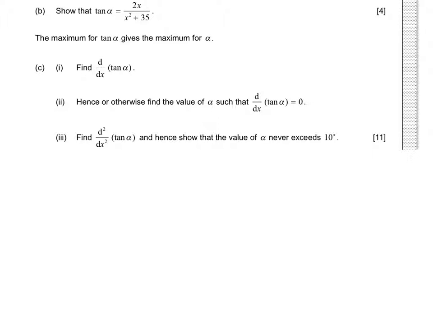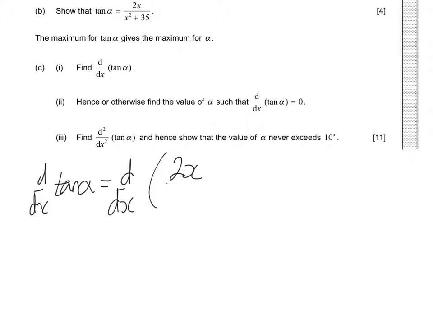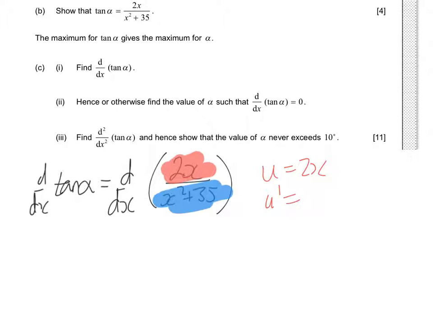So in part C, we're going to differentiate tan alpha, which just means differentiating 2x over x squared plus 35 using the quotient rule. Use that as u, that's v. u is equal to 2x, u dashed is equal to 2, v is equal to x squared plus 35, v dashed is equal to 2x.